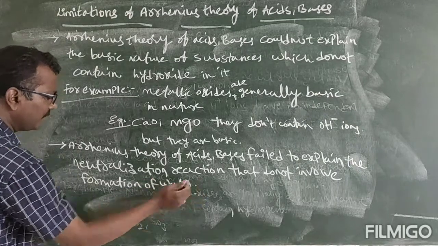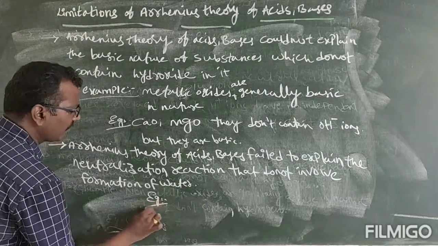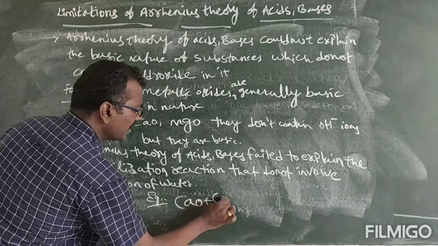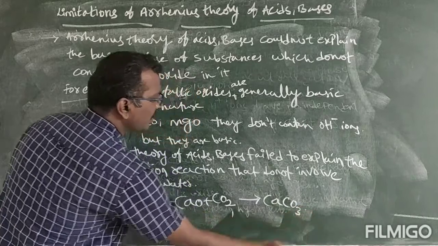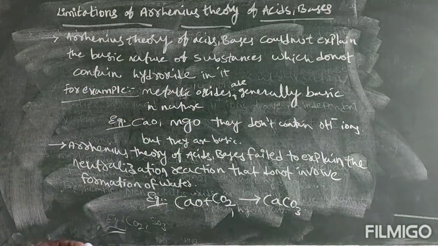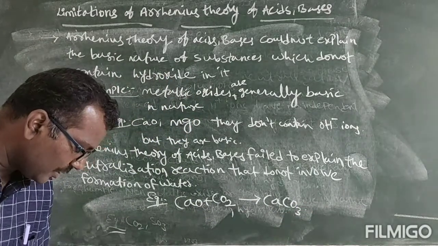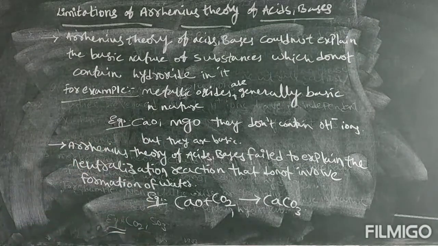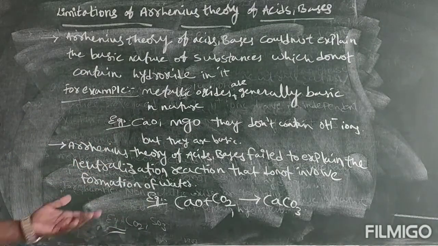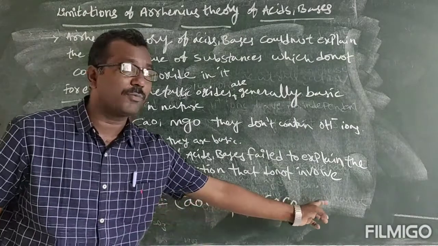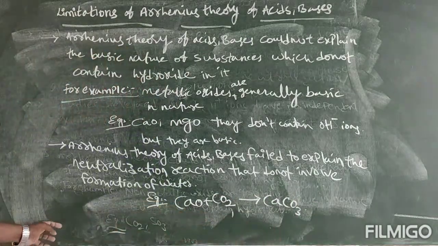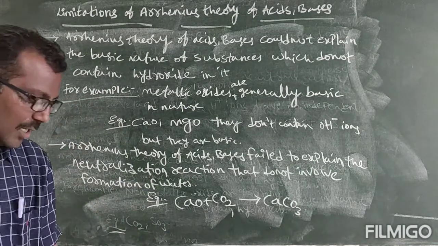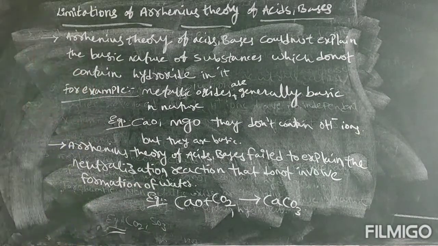For example, CaO plus CO2 gives rise to CaCO3. So CaCO3 is neutral in nature. It is not an acid, not a base. But here water is not forming. Still it is neutral. So why? These are the limitations of Arrhenius theory.